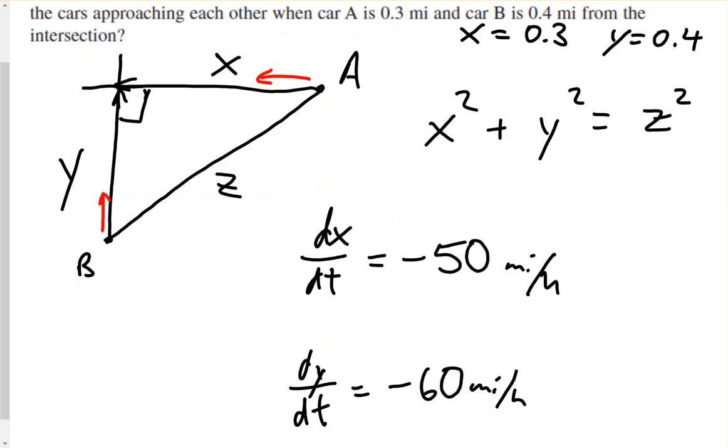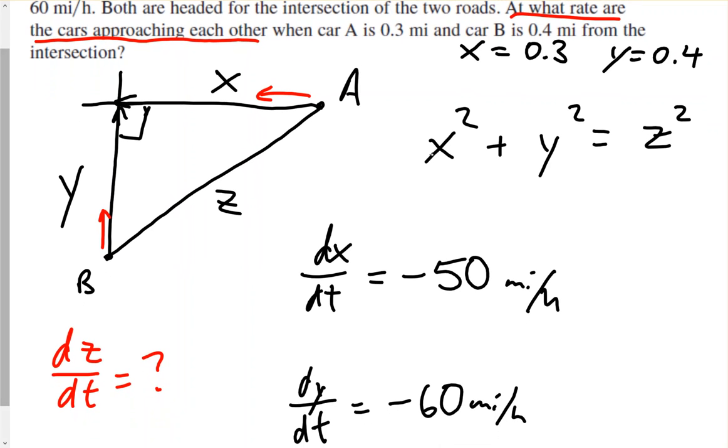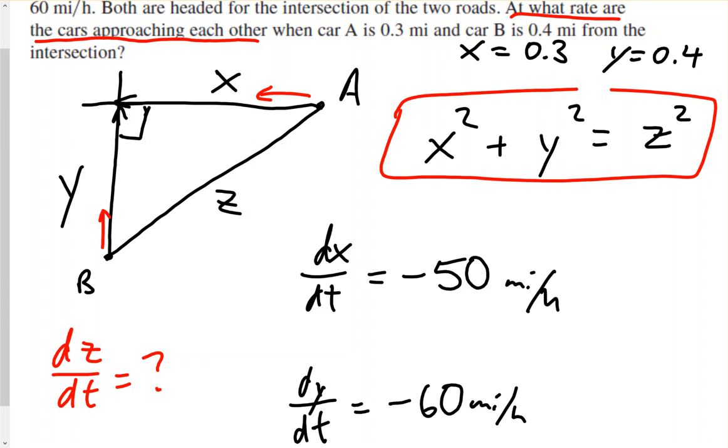Okay, so now, what are we looking for? We're looking for at what rate are the cars approaching each other. So that'll be dz/dt. Right, we're looking for dz/dt. So let's take the derivative of our equation that ties everything together.